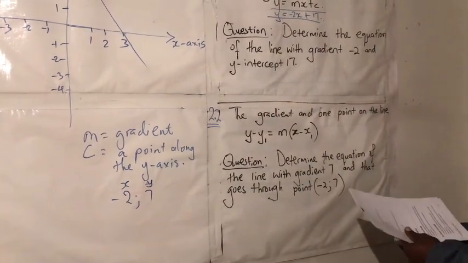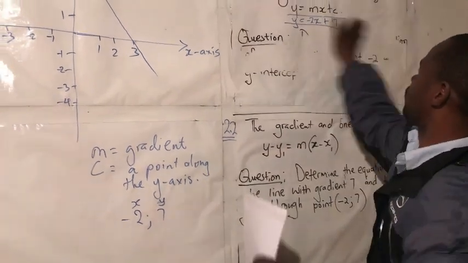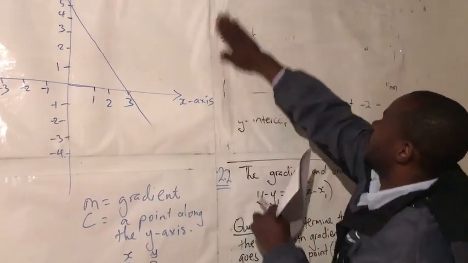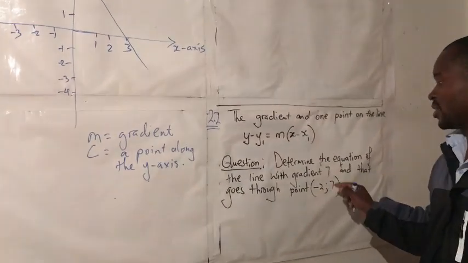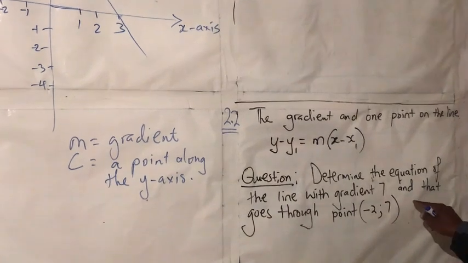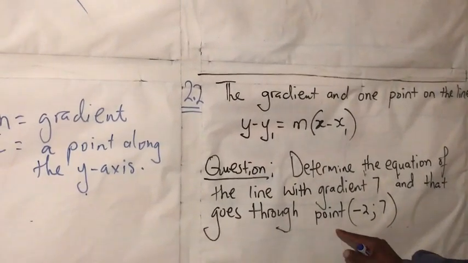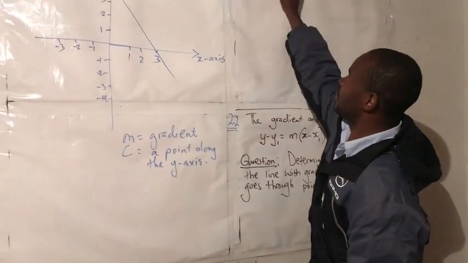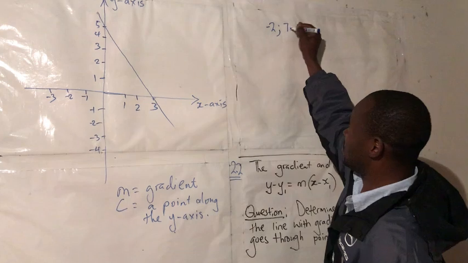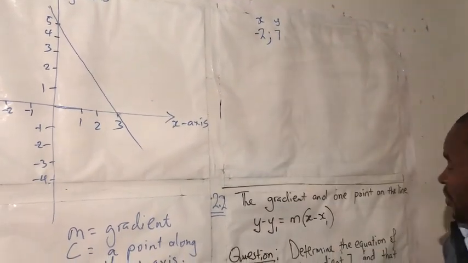So let's look at how to solve this one. How best can we get the answer given the formula? Okay, so since we are asked to determine the equation of the line with the gradient 7, and that goes through the point -2 and 7, what you need to know is that this point is made up of an x coordinate and a y coordinate.